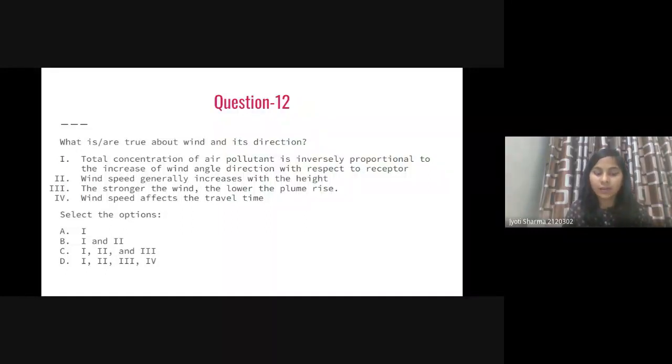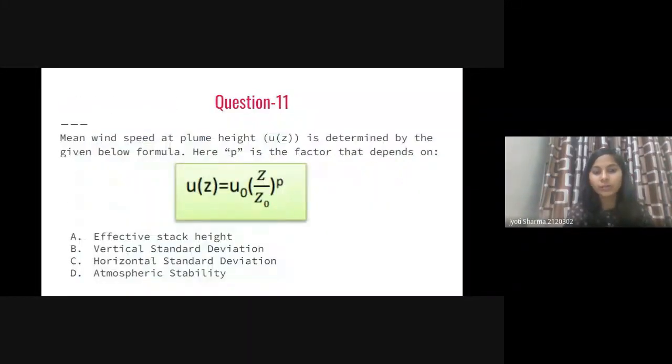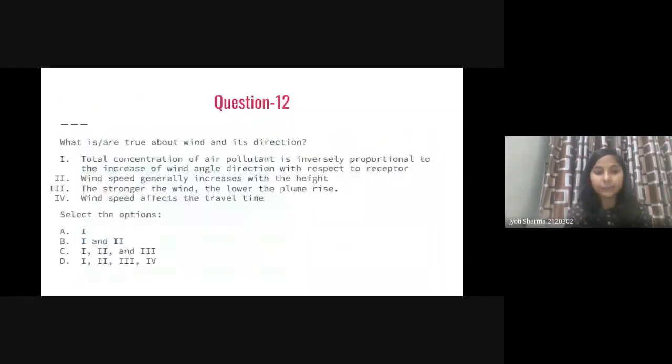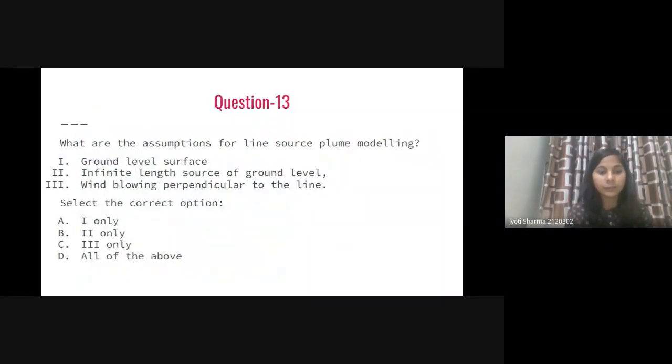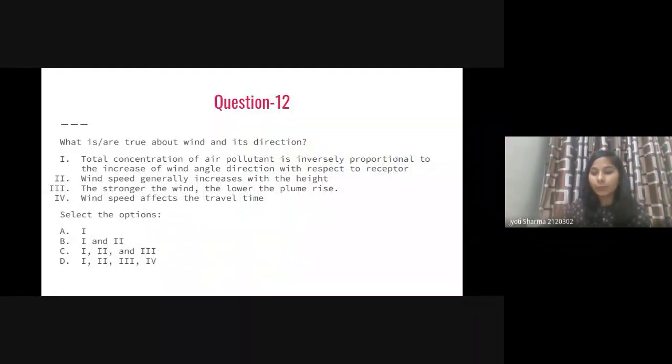The second is right again, because by that equation we know that wind speed will increase with the height. Then the stronger the wind, the lower the plume rise. Why? Because this will inhibit our vertical rising, because we always consider wind in the horizontal direction.